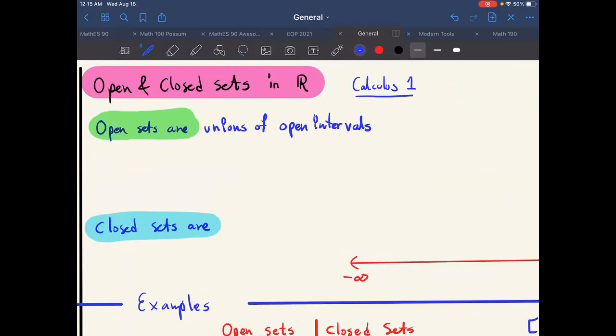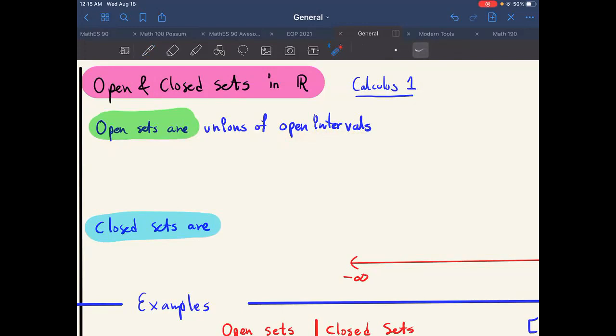You can join one or two or three or 500 or an infinite countable amount or non-countable. A union is just a union. You're just joining. How many? You don't care. As long as you join open intervals, that's an open set.